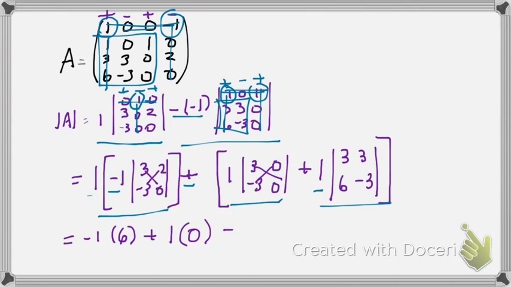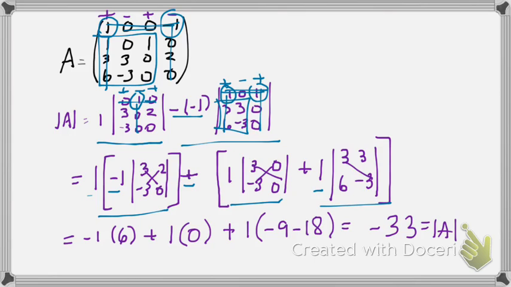So 0 here. Plus 1 times, this gives me negative 9 minus 18. If we do the math here, we have a negative 33. So this is the determinant of the 4 by 4 matrix A. Notice that it is not equal to 0, so therefore it also has an inverse.